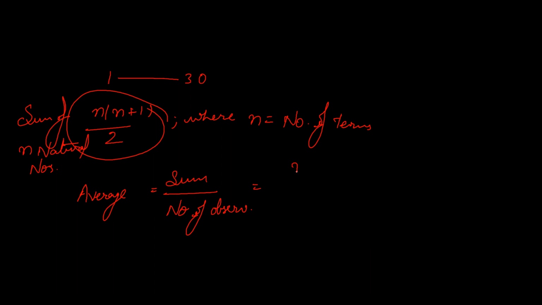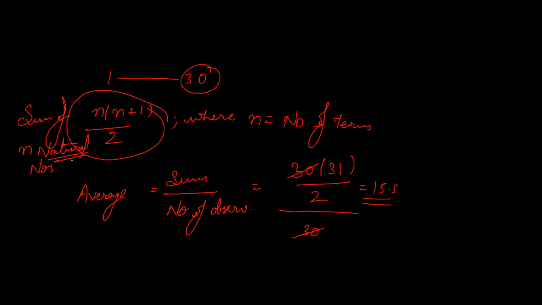Sum is 30 multiplied by 30 plus 1, which is 31, divided by 2. Now we have to divide it by the number of observations. Till 30, how many numbers are there? 30. So I can easily do it. Is it clear? No, this formula is only for natural numbers, not for prime numbers.